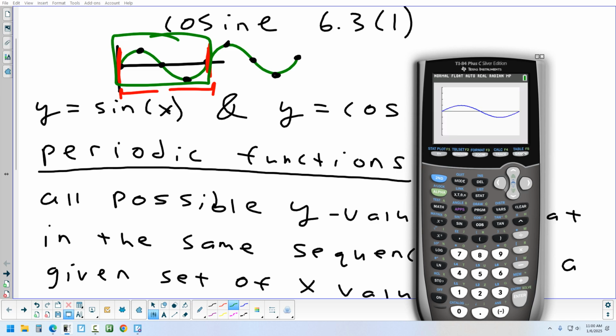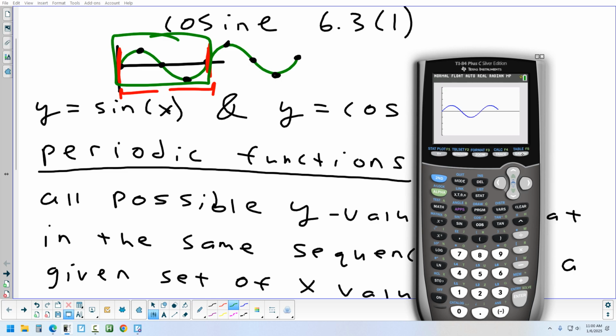Up, down, back up. What if I wanted to see 2 full cycles? Instead of setting this to 2 pi, what do you think I could set my maximum to? 4 pi, yep. If I set it to 4 pi, I can see 2 full cycles.